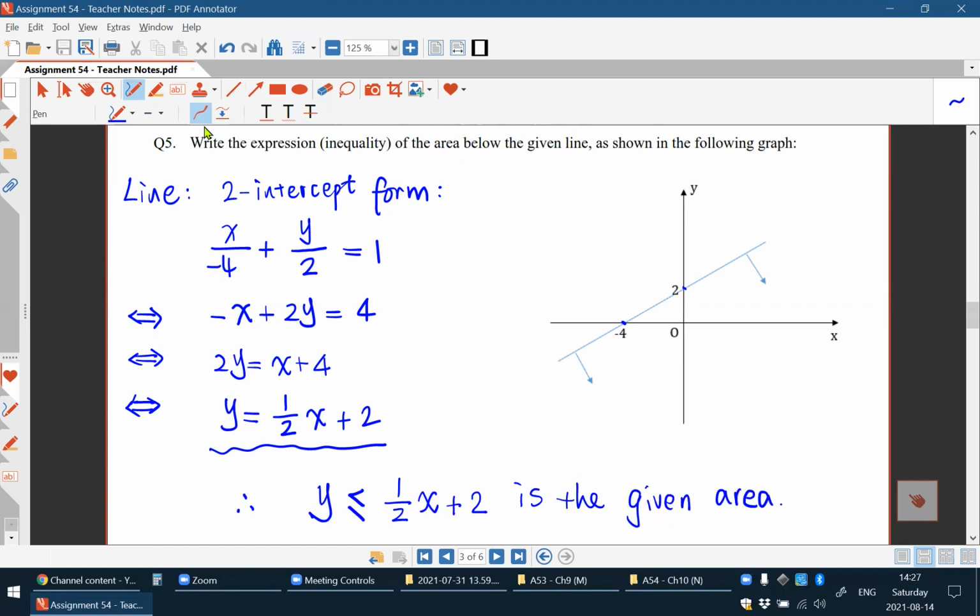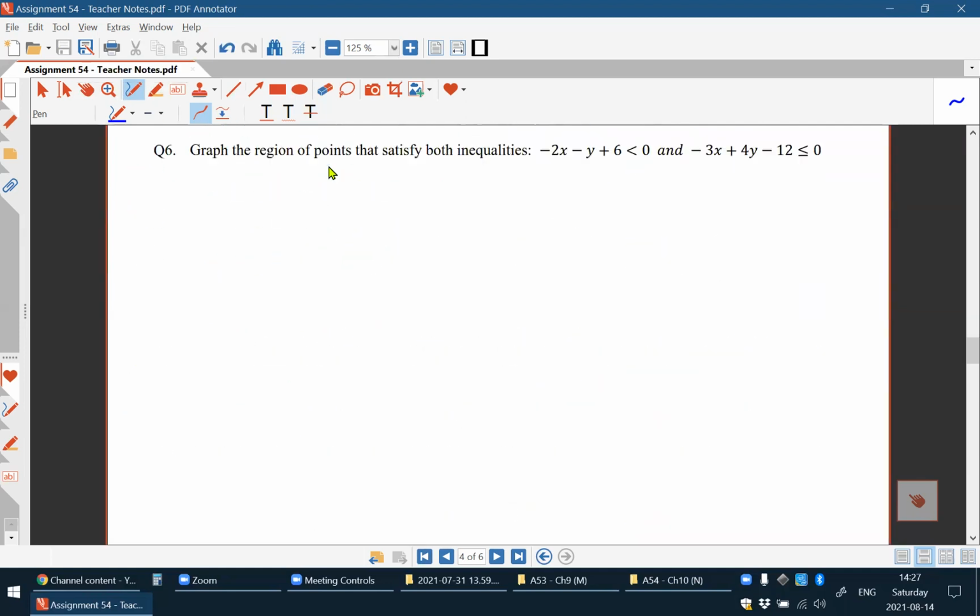No? All right, let's move to the next question. Question 6, graph the region of points that satisfy both inequalities. Okay, two given inequalities, and it asks us to find the overlapped area. So let's call these inequality 1 and inequality 2. First of all, we need to find the corresponding boundary line, right?